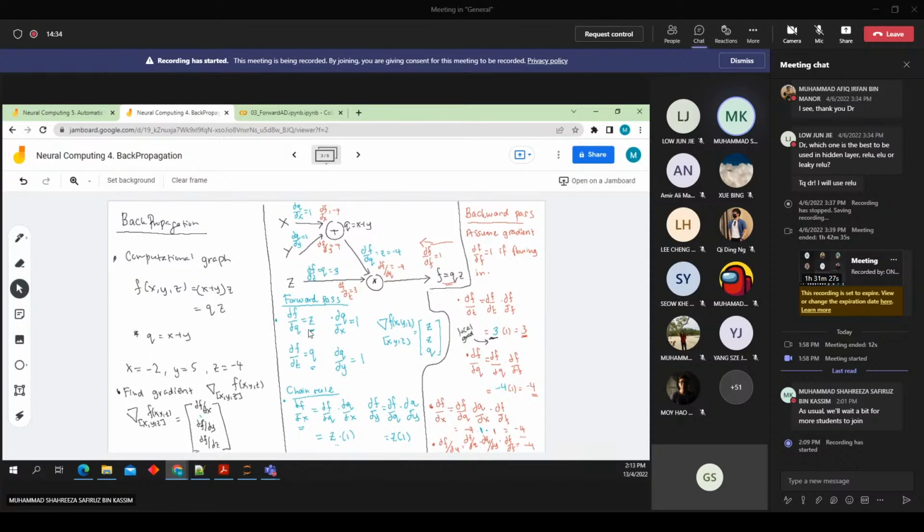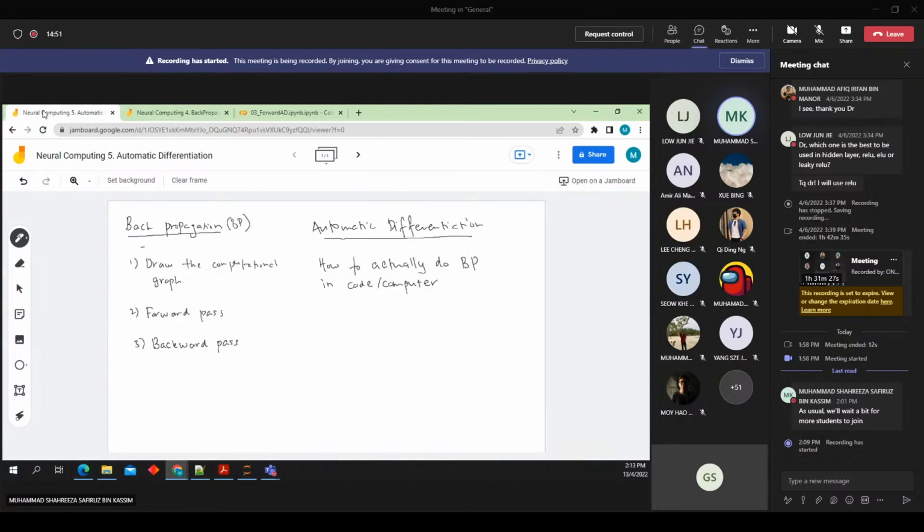And we can also derive the gradient knowing the function x plus y. We know what dq over dx is and what dq over dy is, and how do we translate that into a computer, right? How do we do that into code or into Python? So that's the idea for automatic differentiation, our lecture for today.